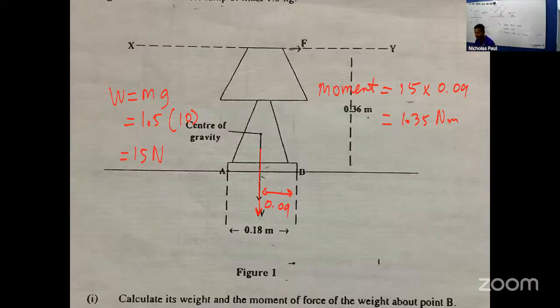If it's in equilibrium, what is the law we could use? The sum of the clockwise moments equals the sum of the anti-clockwise moments. You have to figure out whether F is clockwise or anti-clockwise, and whether W is clockwise or anti-clockwise. F is clockwise, and W is anti-clockwise. Go ahead.